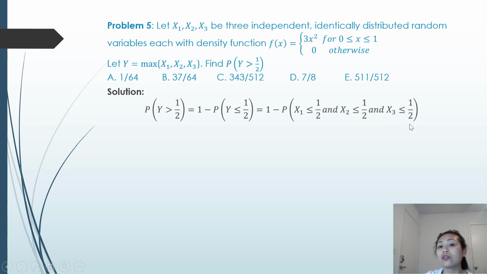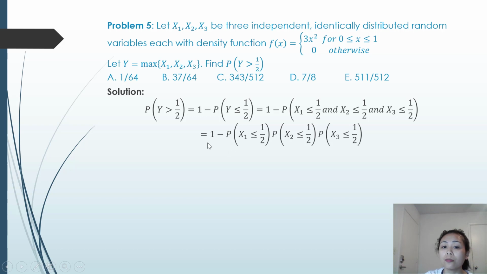And here we are going to use independent events. So basically we multiply the individual probabilities together. So 1 subtract the probability x1 less than or equal to 1/2 times the probability x2 less than or equal to 1/2 times the probability that x3 less than or equal to 1/2.